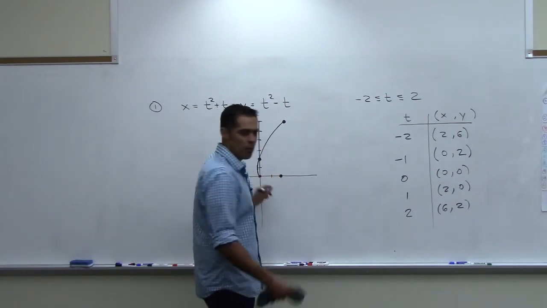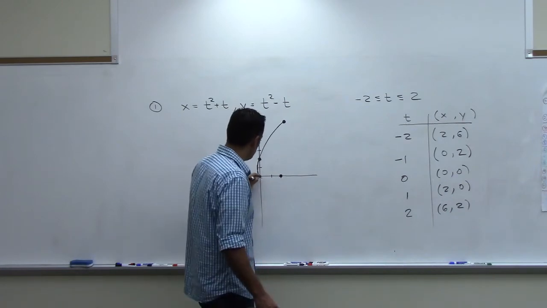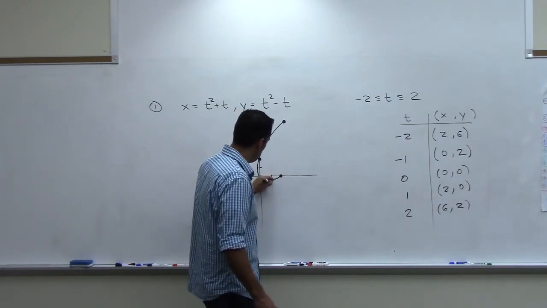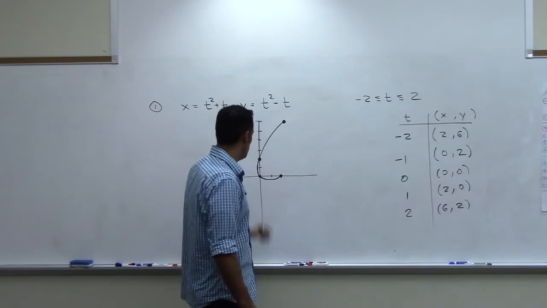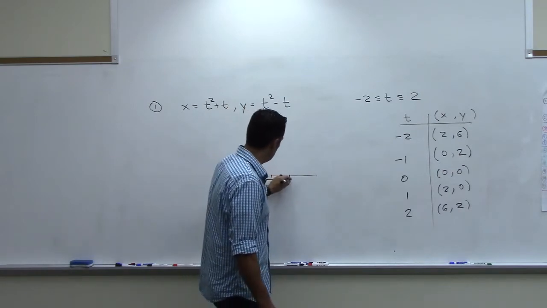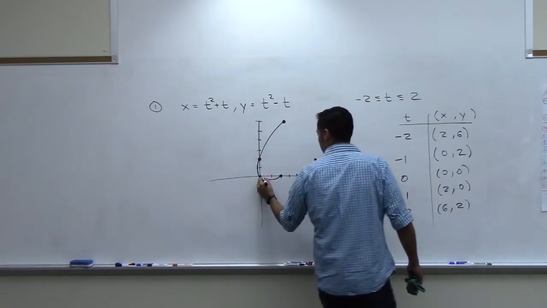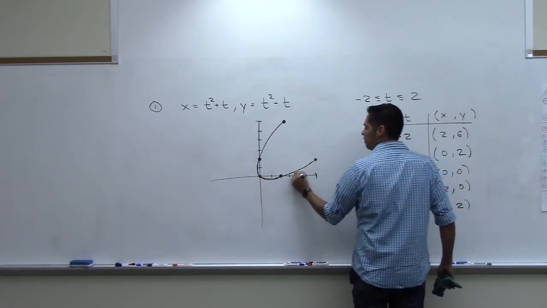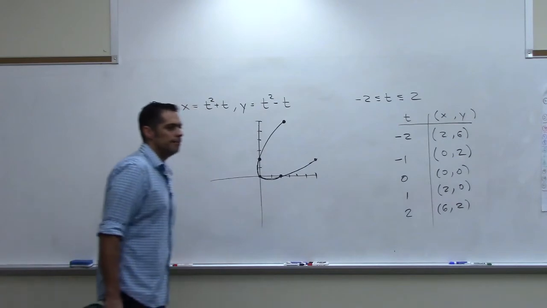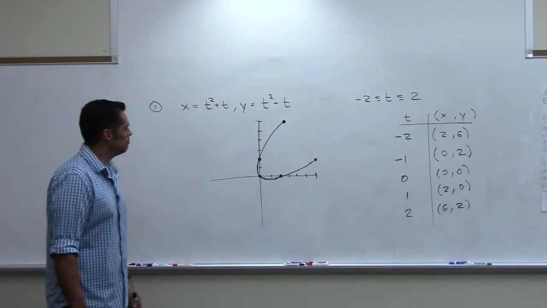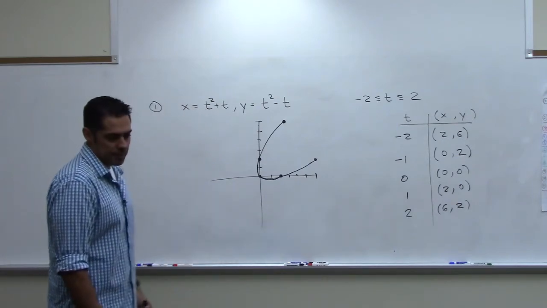And we've got to curve our way over there. So again, I'm going to assume that it must do something like this. And then the next point is 6, 2. So 2, 3, 4, 5, 6. 6, 2 is here. So it curves its way over here. Something like that. Yeah, that's good. Looks good. All right, that's it.